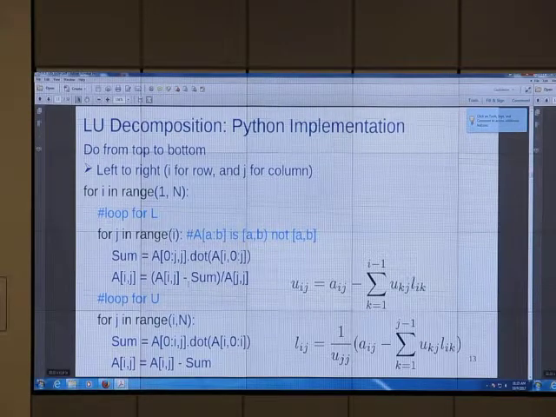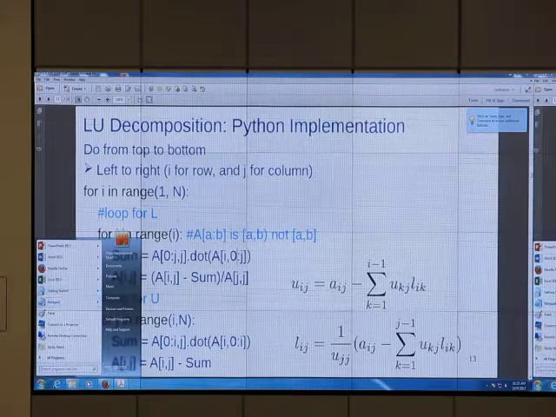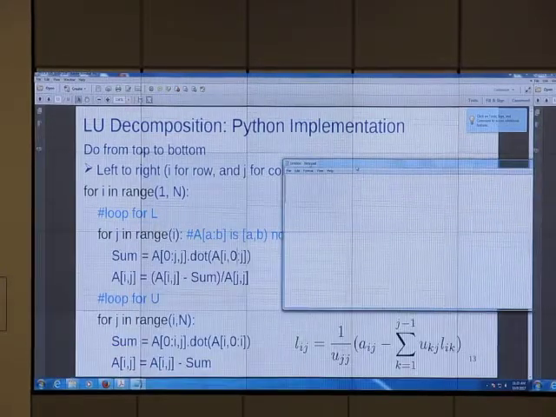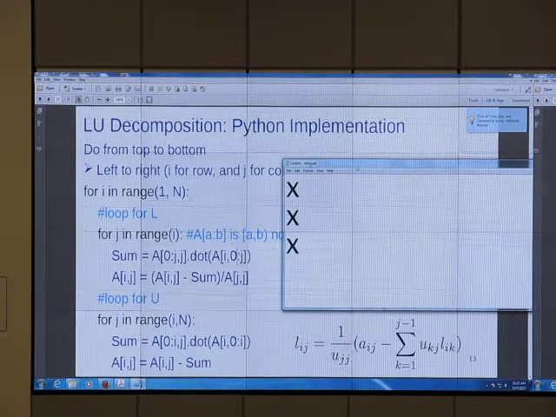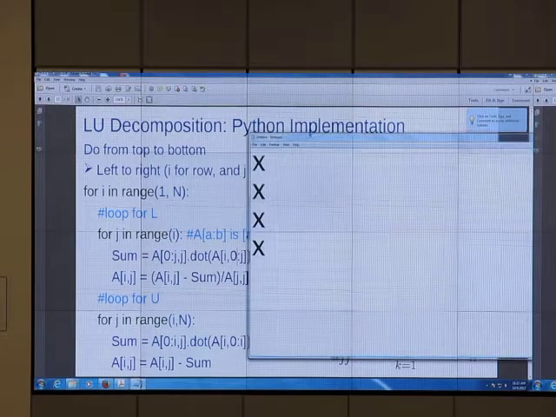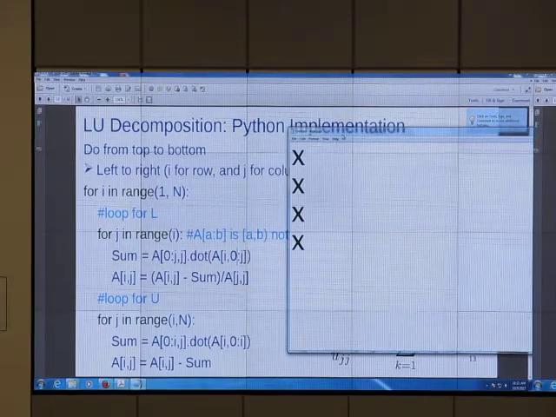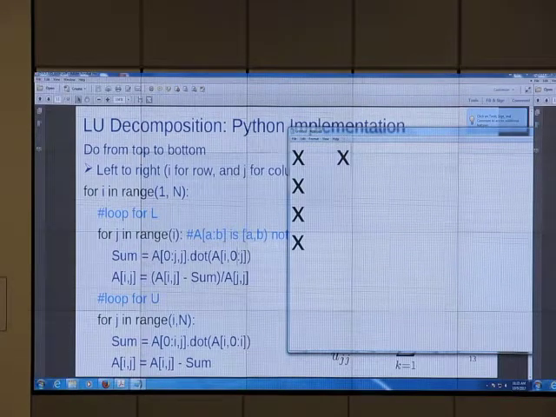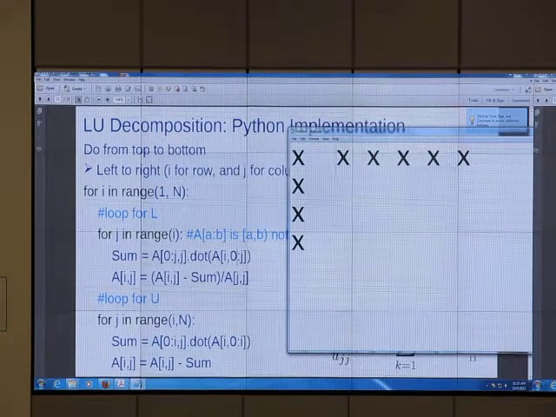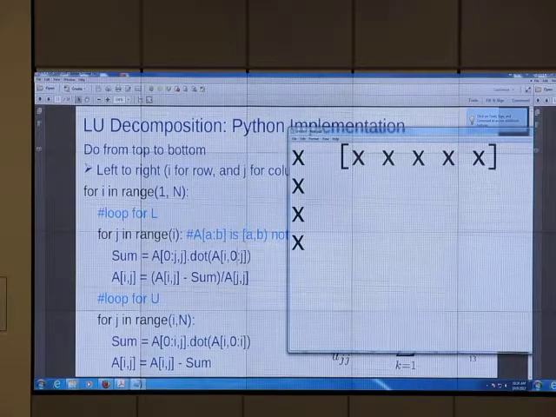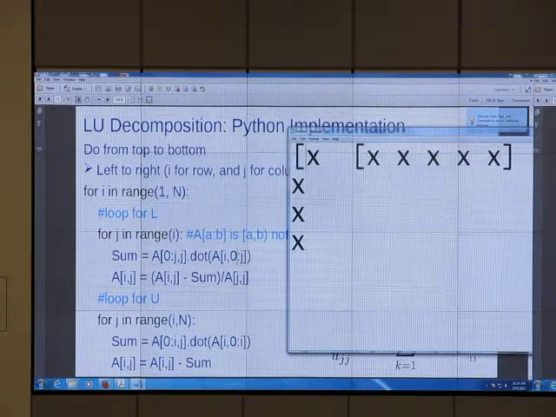You see my point? We have something like this. The first one has, let's say, three rows, one column. But the second matrix is just one row, but many columns. So that is the second matrix. And the first one is like that. You see my point?